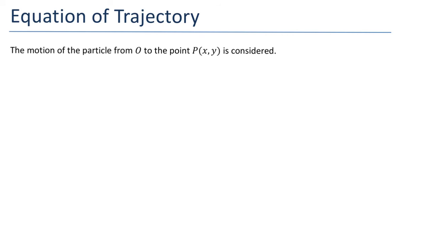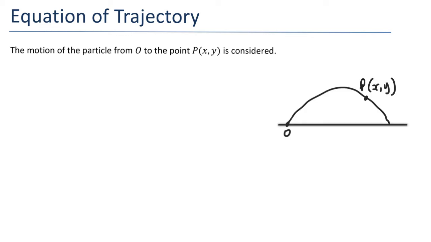Moving on to the equation of trajectory. So the motion of the particle from O to the point P xy. There's the origin and there's the point xy, and it could be anywhere along this path. It doesn't matter, I've just picked any point, but it equally could have been the left-hand side of the maximum height.